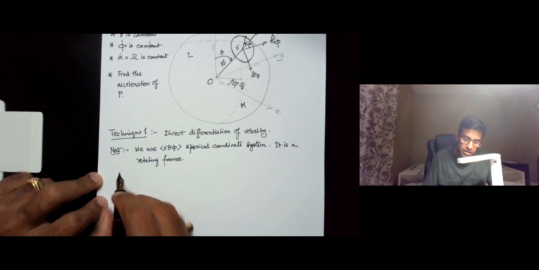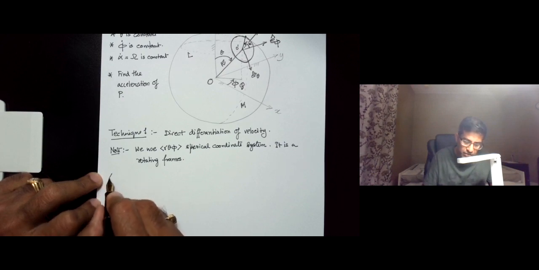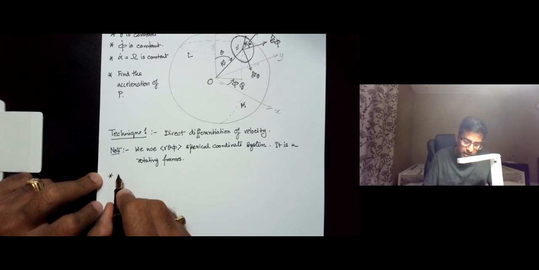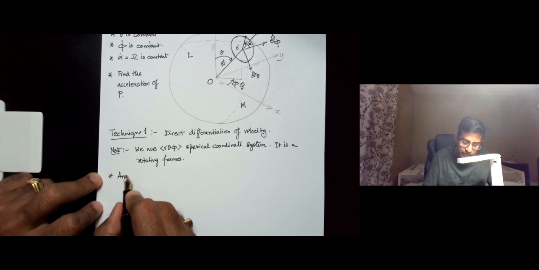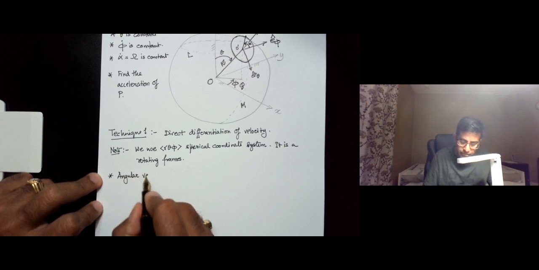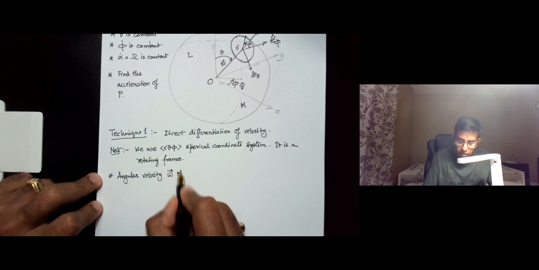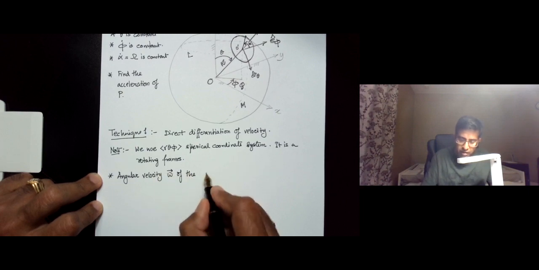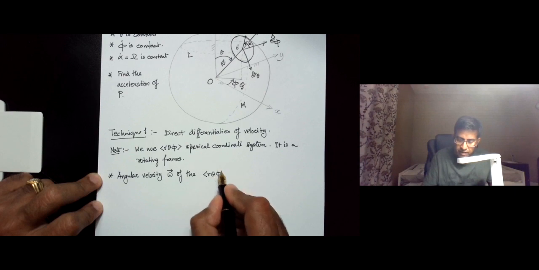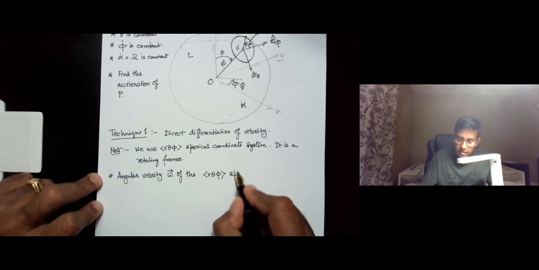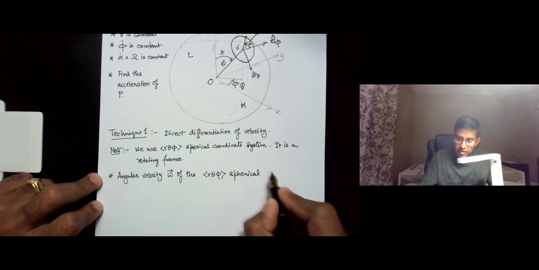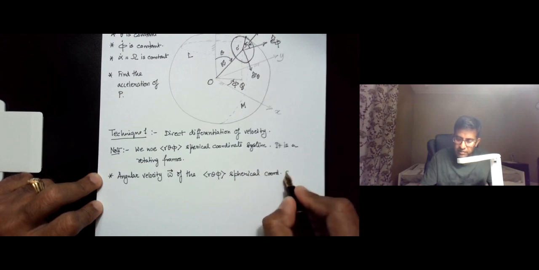So the first result that we'll put is the angular velocity omega of the r theta phi spherical coordinate system.